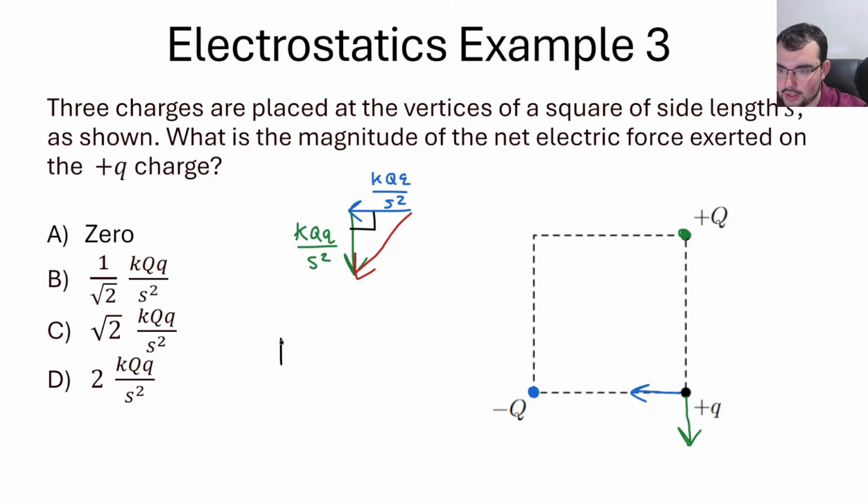So F is just going to be... I don't put letters in your square roots because you know the units are going to work out. I know force is going to be some multiple of KQQ over S squared, and then just do the Pythagorean theorem with the numbers. So this is one copy of KQQ over S squared, and this is one copy of KQQ over S squared. So I have 1 squared plus 1 squared, which is, of course, 2 under the square root.